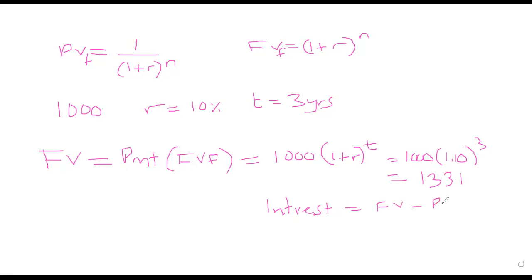The present value, how much we had. So we're going to have 1,331 minus 1,000. So the compound interest at this point is 331. So this is where we have a single deposit of 1,000, which grows to 1,331. So the interest is 331.